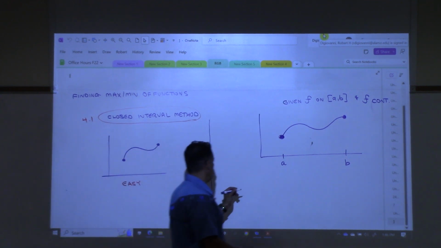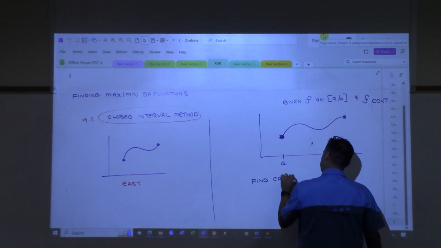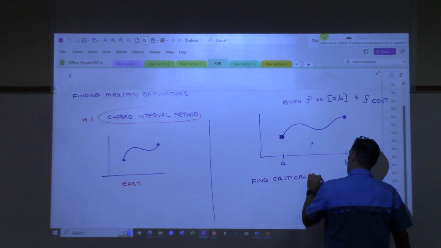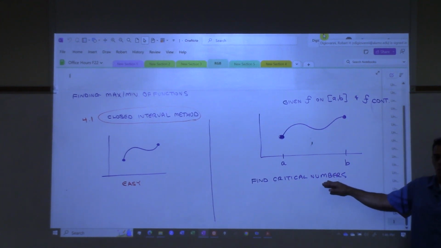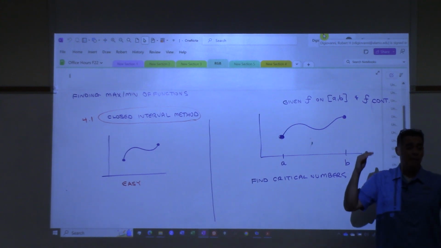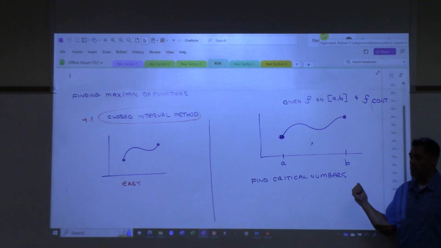Look, why don't we do this? Why don't we find the critical numbers? What would that tell me? Like, let's say I find some critical numbers. Would that tell me where I have highest and lowest points? Yes. Careful. No, but they could tell me where to look, right? Because doesn't the theorem say if you have a local max and min, if you do, they have to occur at these critical numbers, right?